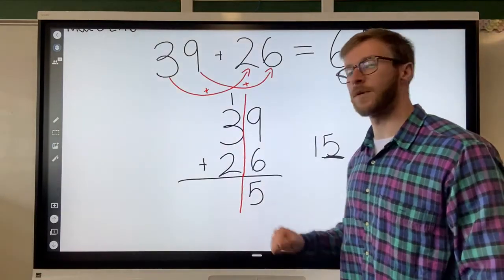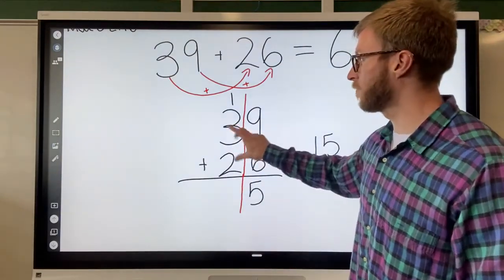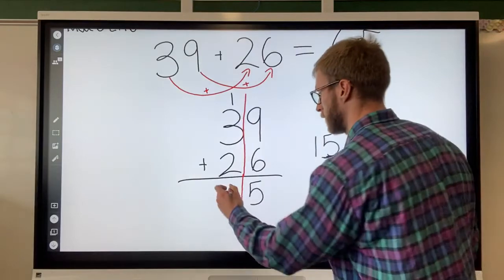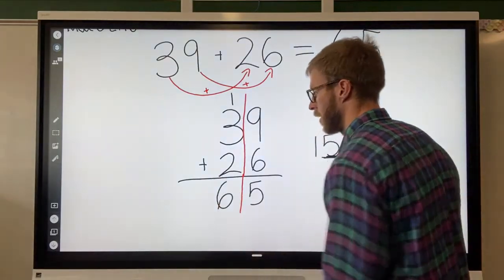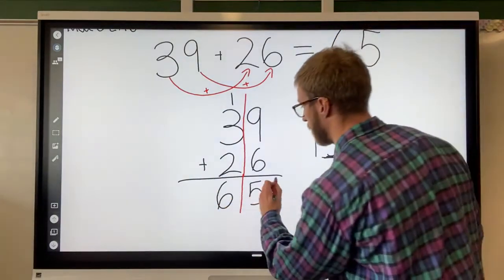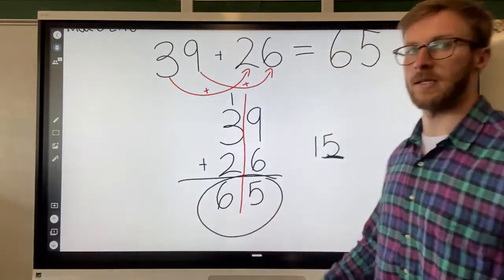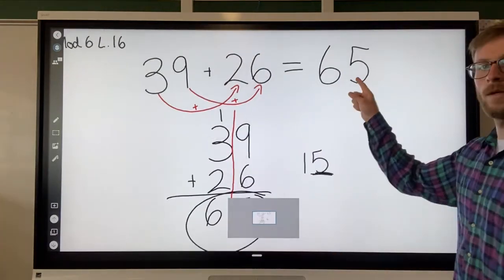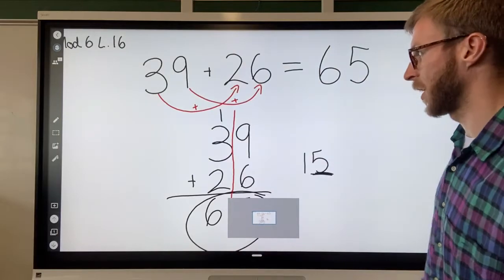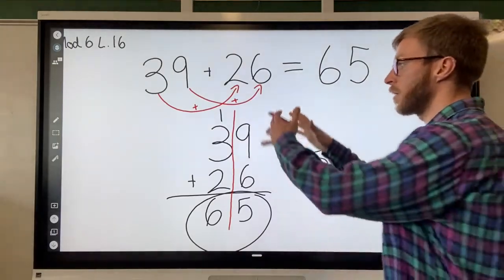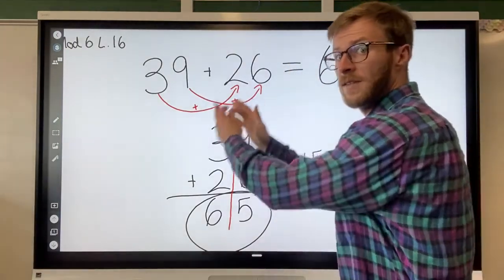We know 3 plus 2 equals 5. So 5 plus 1 equals 6. And our answer is 65. Did we get the same answer as we did up here? Yes, we did. Okay? Remember, this method, we are adding the 1s and we are adding the 10s together.